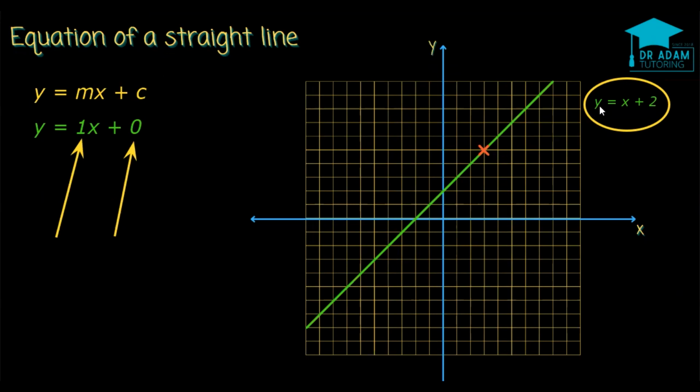So if we just input values of x from -10 to 10, the corresponding values of y will map out this line of y equals x plus 2. So you can see that adding or subtracting a constant will cause the line to shift upwards or downwards, depending on if we are adding or subtracting. If the value is positive, the line will move up, and if it's negative, the line moves down.